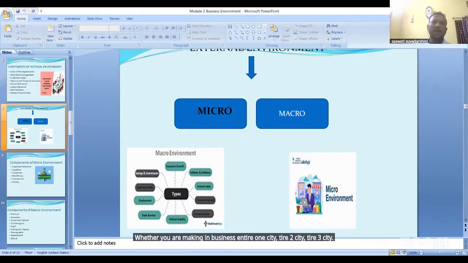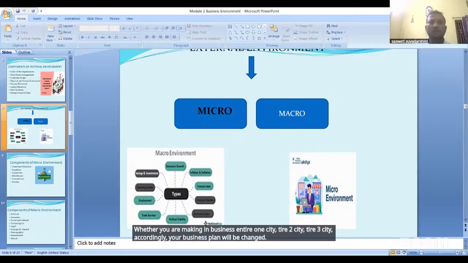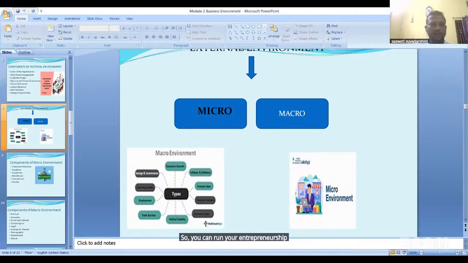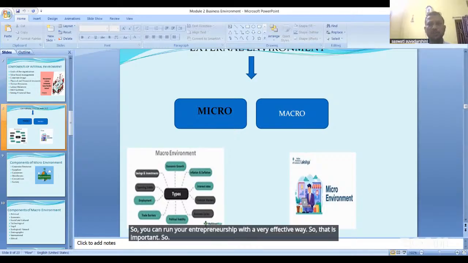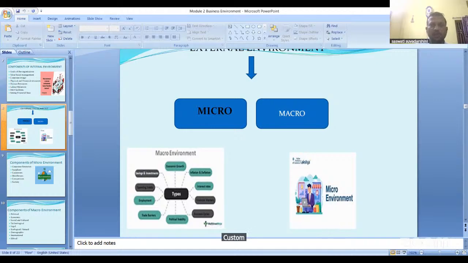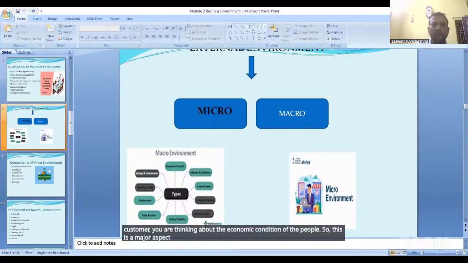Accordingly your business plan will change, so you can run your entrepreneurship in a very effective way. So that is important. You are searching for the economic condition of the customer, the economic condition of the people. This is a major aspect, considering the economic factor.